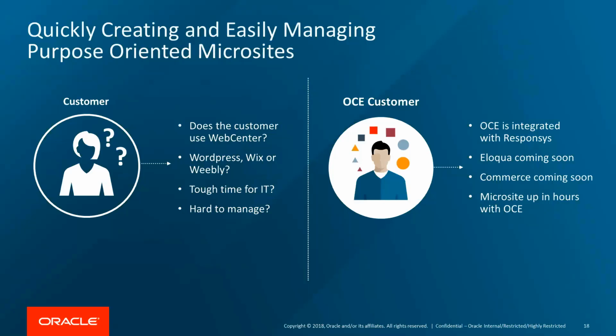With the flexibility OCE provides through templates, and the way you can build sites and pull in data from other places, you can essentially have microsites up in hours. That's a really good use case for customers that already have content stored in different places or existing infrastructure in place, and you can provide purpose-oriented microsites very quickly to enable your customers to do a lot of different things.